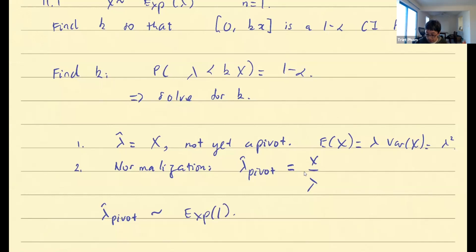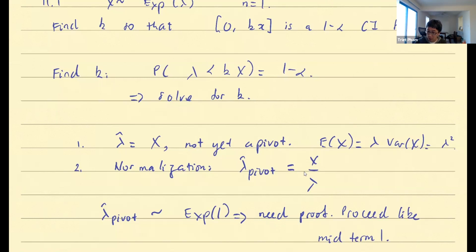Now, of course, this statement needs proof. How would you prove this? No. The MGF of exponential is a bit, I don't know that by hand, right?